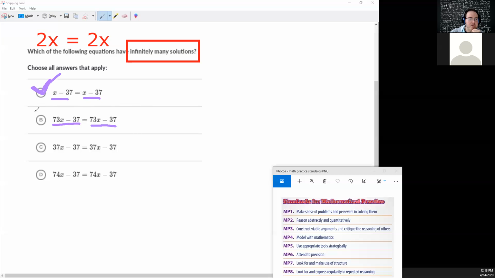They look the same to me. Okay. 37x minus 37 equals 37x minus 37. Yep, it looks right. Is this going to be another one of those where they're all right? Let's see. 74x minus 37 equals 74x minus 37. Are they the exact same?